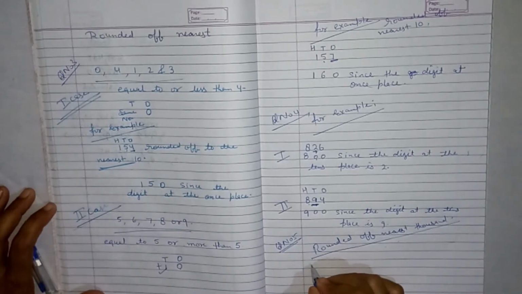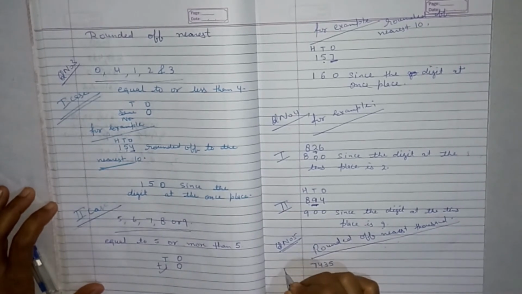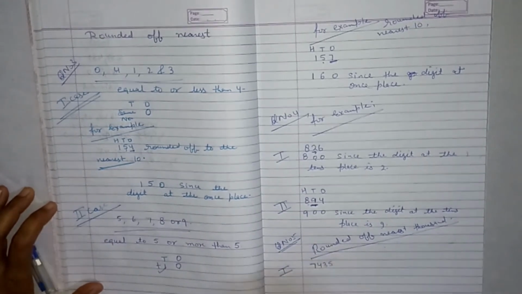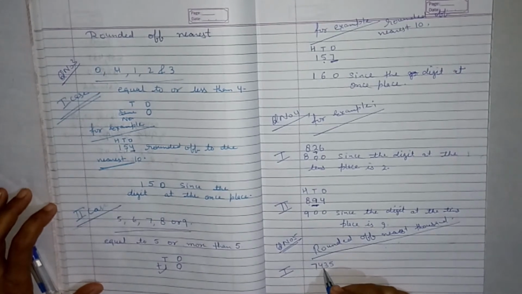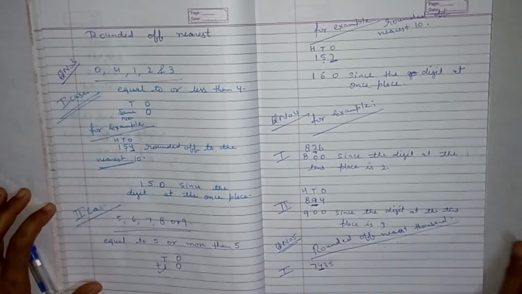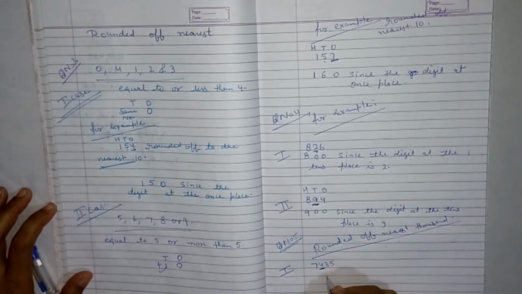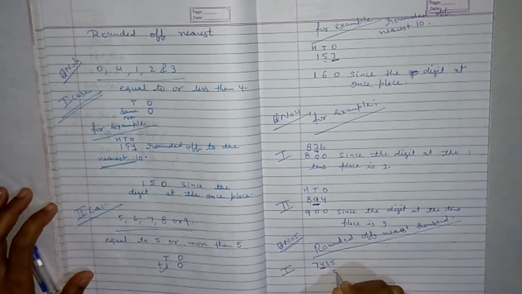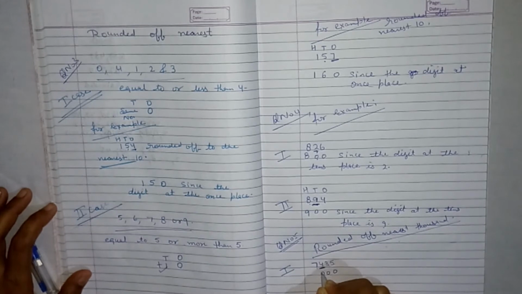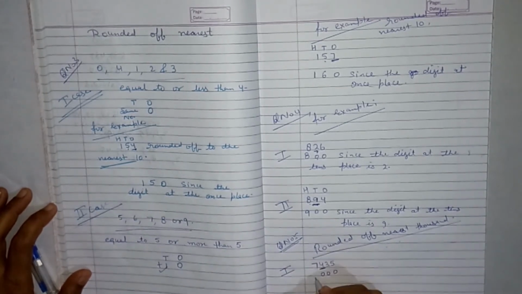So, for example, the number is 7435. This belongs to our first case. 7435, this digit is less than or equal to 4. So we will put 3 zeros, meaning ones, tens and 100, with no change in the thousands place.